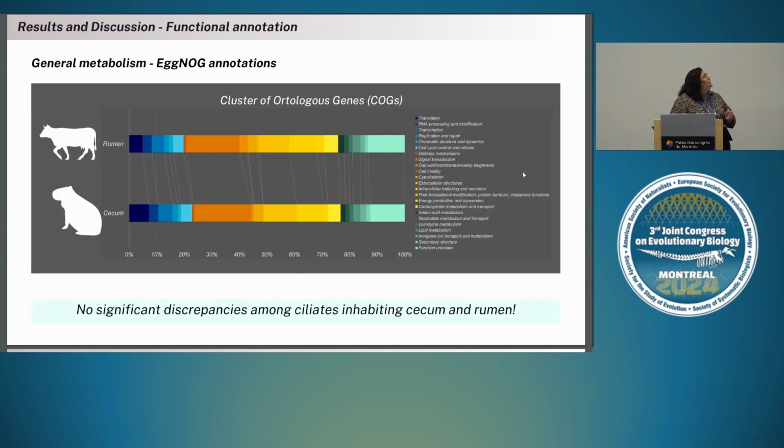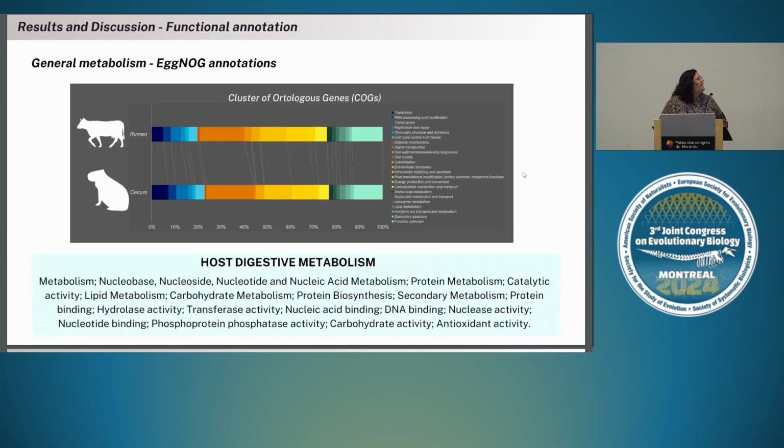Concerning the general metabolism, the eggNOG annotations, we do not observe significant differences among ciliates inhabiting rumen and cecum, as we can see in this graph representing the proportion of clusters of orthologous genes identified in the genomes analyzed.